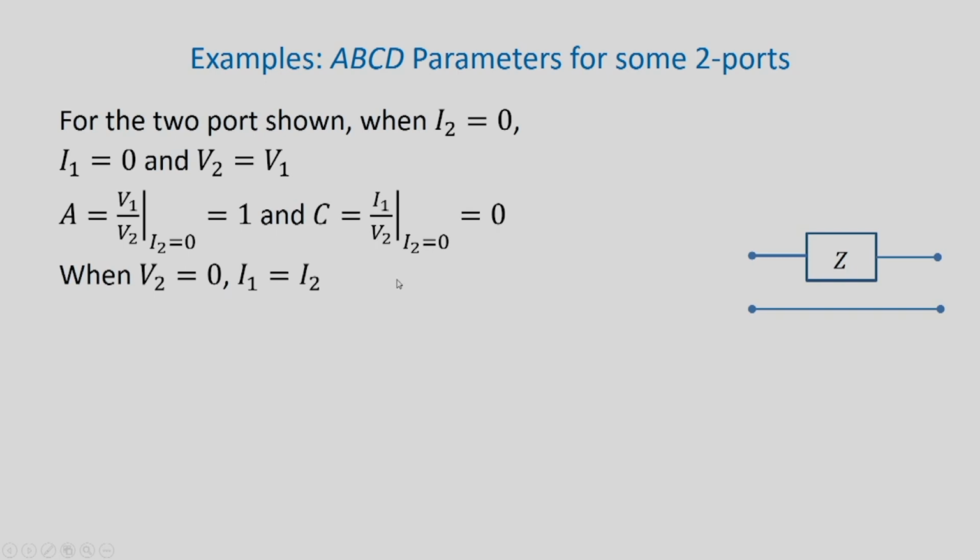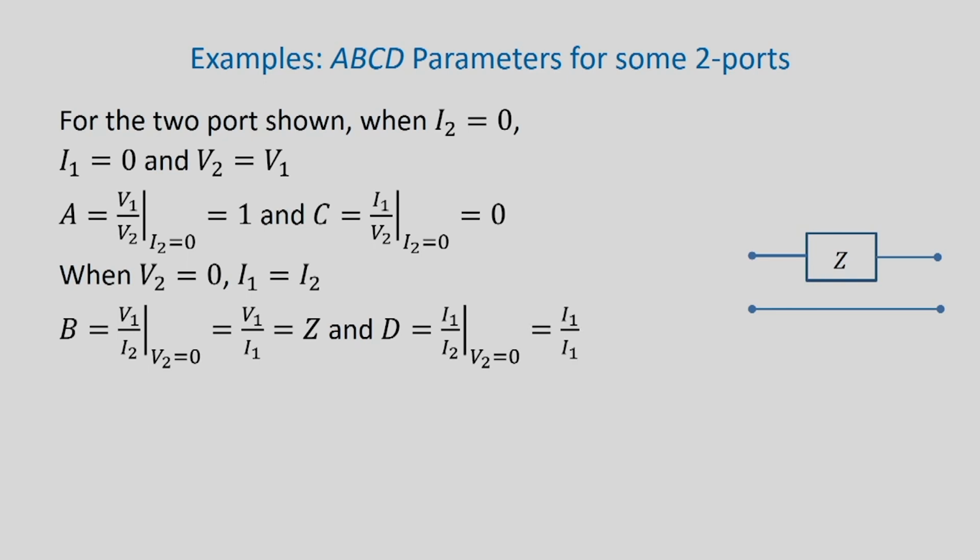Next, when we put V2 equal to 0, that means we short circuit here, then I1 becomes equal to I2, and therefore we can find B, which is equal to V1 by I2 under the condition V2 equal to 0.